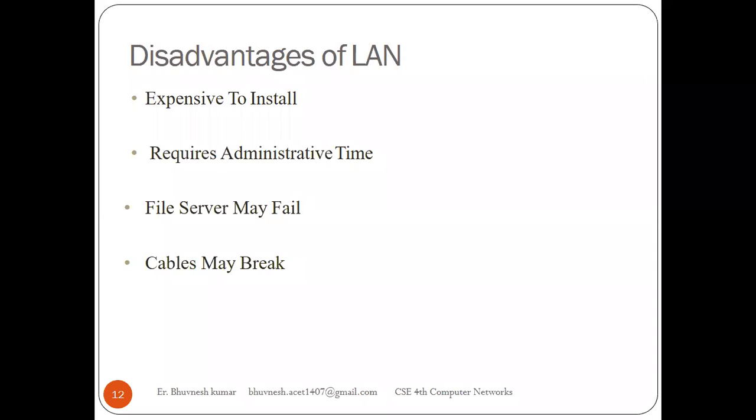Next is your file server may fail. Okay, if your server fails, all the network of your system also gets destroyed. Cable may break. Okay, the cables that we use for a connection, your Ethernet cable, can break. Okay, those are all the disadvantages in your local area network.